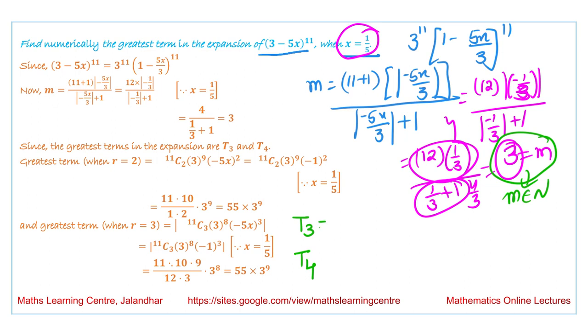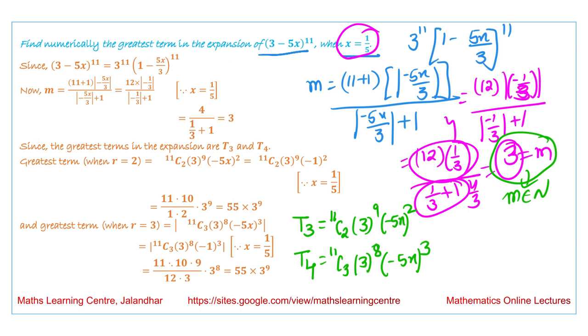Now if we calculate the value of T3, it is 11C2 · 3^9 · (-5x)^2. If we calculate T4, it is 11C3 · 3^8 · (-5x)^3.